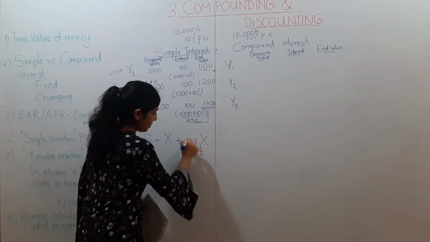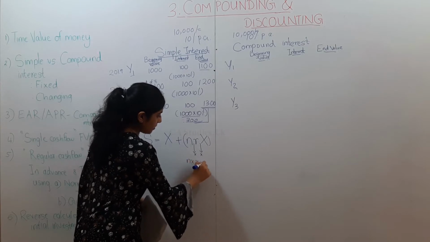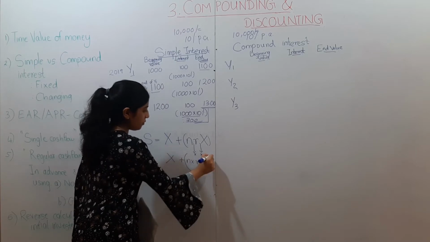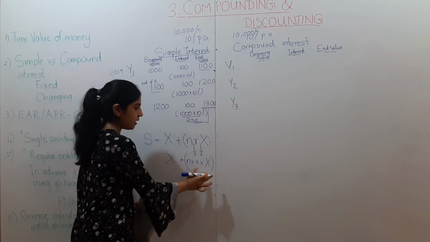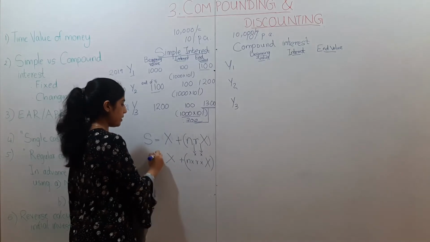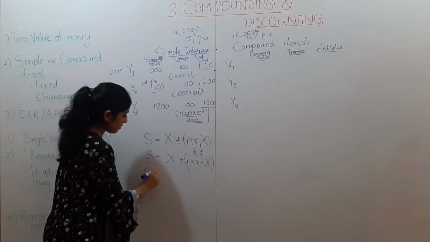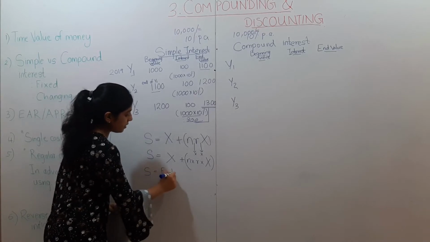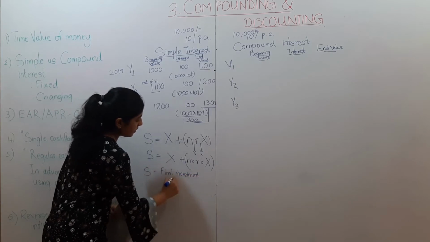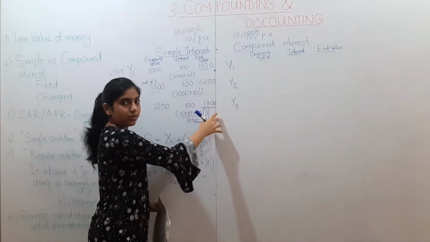Okay. So basically this part will be n multiplied by r multiplied by x, plus x. First of all we should solve this part, then only we have to add, because it's the bracket, and then only we add x. Now S means final investment value, which is 1300 via the tabular method.